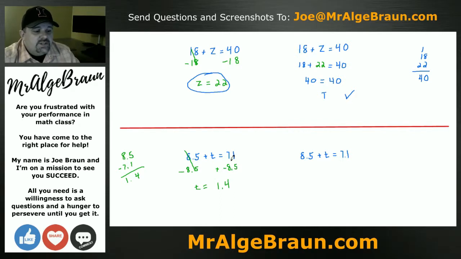So when adding integers of unlike signs, we want to find the difference, which we did, and then keep the sign of the larger number. Now we would be thinking absolute values here. The absolute value of 7.1 is 7.1, and the absolute value of negative 8.5 is 8.5. So this is the bigger absolute value, and its sign was negative. So our answer should be negative.